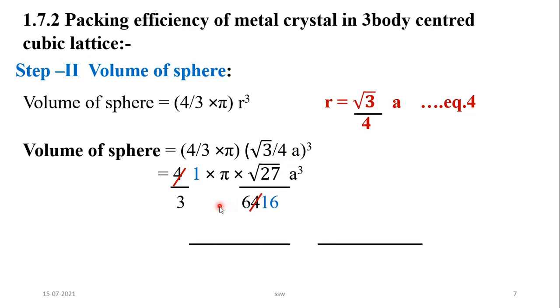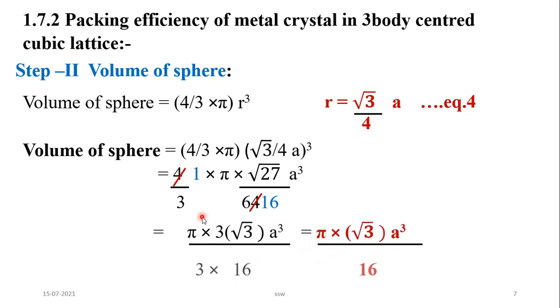So if we simplify this, then we get what? Pi into 3 root 3 into A cube divided by 3 into 64, because here 4 into 4 into 4 is 64. And therefore pi into 3 root 3 into A cube divided by 3 into 64.